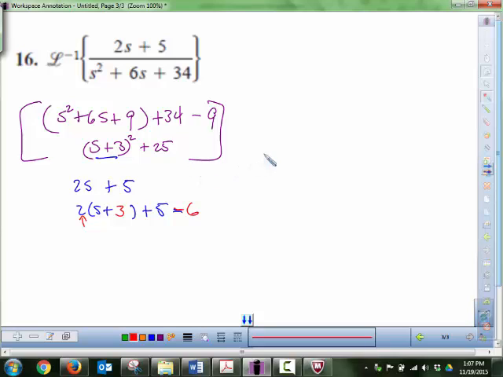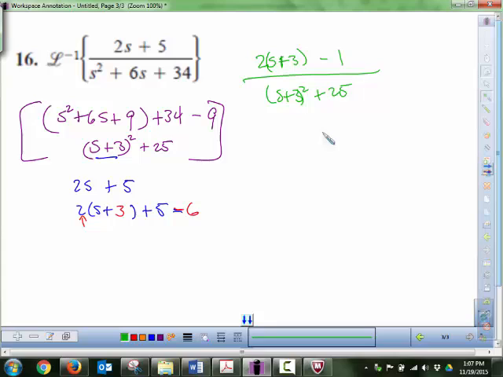All right, now we're ready to rewrite this fraction. Let me rewrite it the way we have it written over here: 2s plus 3, what's 5? This is -1, right? Over s plus 3 quantity squared plus 25.